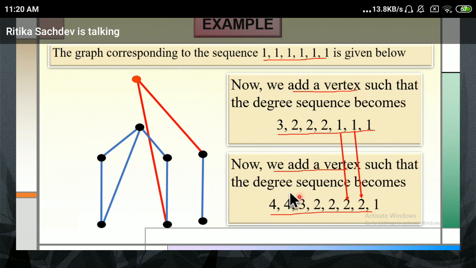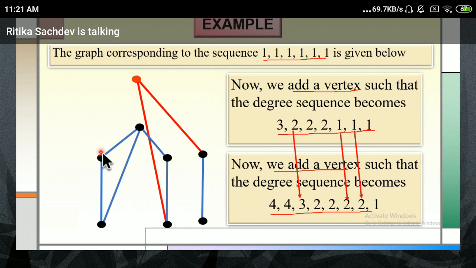Okay. Now check what are the next numbers. The next numbers are, this is 2, but 2 remains as it is. This is 2, so 2 remains as it is. This is 2, this has to increase to 3. Please note, this 2 has to increase to 3. The other middle 2s were just as they were. That means this particular vertex has degree 2, this vertex has degree 2, and this vertex has degree 2.